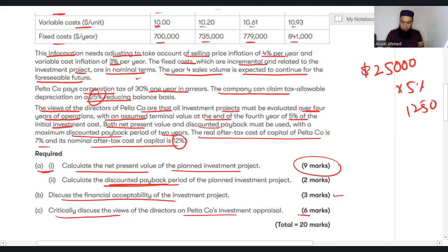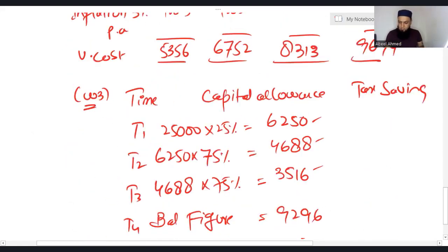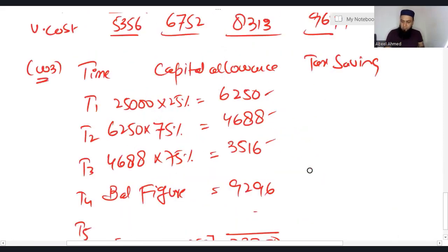What is the tax rate? Tax rate is 30%. So simply multiply this with 30%.